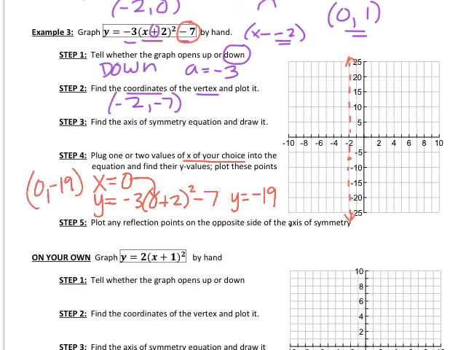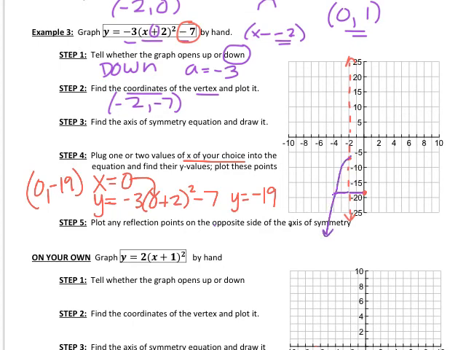All right, so here's 0, negative 19, right about here, probably a little closer to 20. Now, because I'm that far away from the axis of symmetry, remember this distance, I'm going to go again to the other side, which is going to be -4, -19 as well. So here's my vertex.